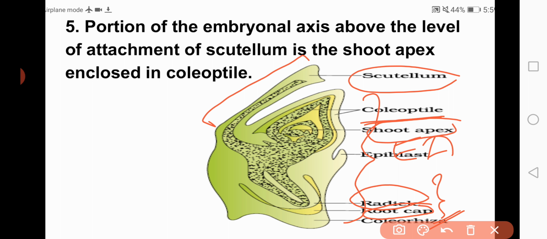So here the cotyledon is called as scutellum, which is located on the lateral side of the embryonal axis, and the part of the embryonal axis above the level of attachment of scutellum is called as the shoot apex, which is protected by coleoptile, whereas the portion below the embryonal axis forms the radicle and root cap, which are protected by the coleorhiza. Am I clear?